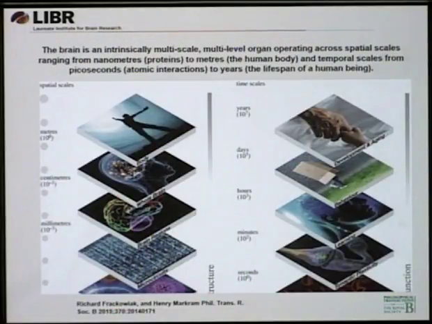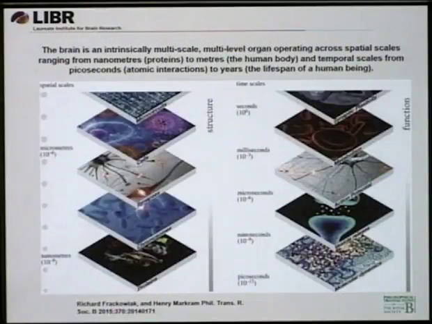But there is also a temporal scale, because we live for a certain age, so we're talking about years. Then our behavior is days, hours, and we can also look at minutes and seconds, depending on what process in the brain we would like to look at. Then we can go even further down in space and in time. What I'd like to show you is that the complexity of the brain is not only on the spatial scale, but also on the temporal scale.